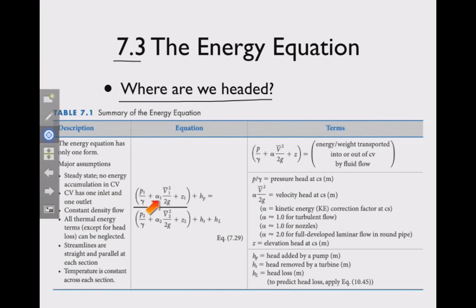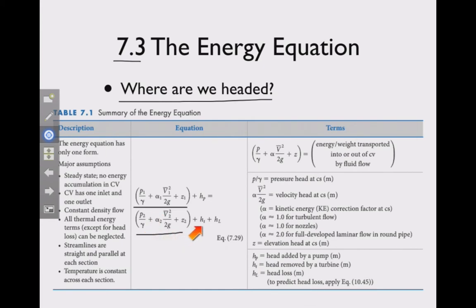Here we have an alpha and a V bar, and down here, and also we have an HP, which turns out to be the head added by a pump. So on this half of the equation we're allowing energy to be added from the pump, and the second part is going to equal a very similar quantity. Again, it has an alpha and a V bar. We're going to have to understand what those are.